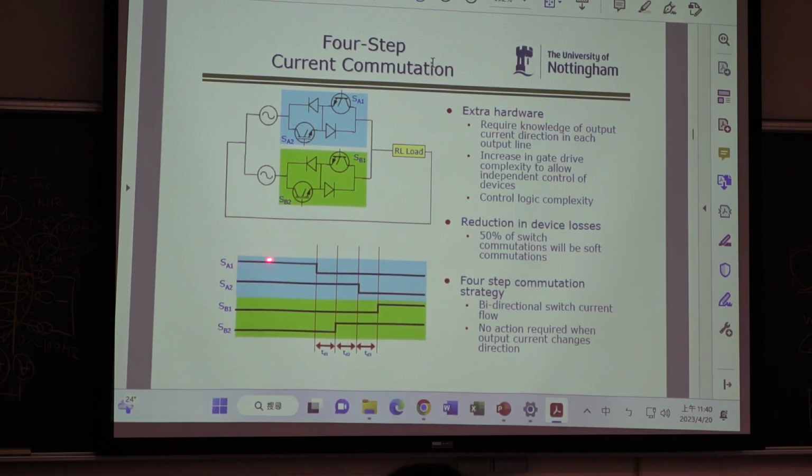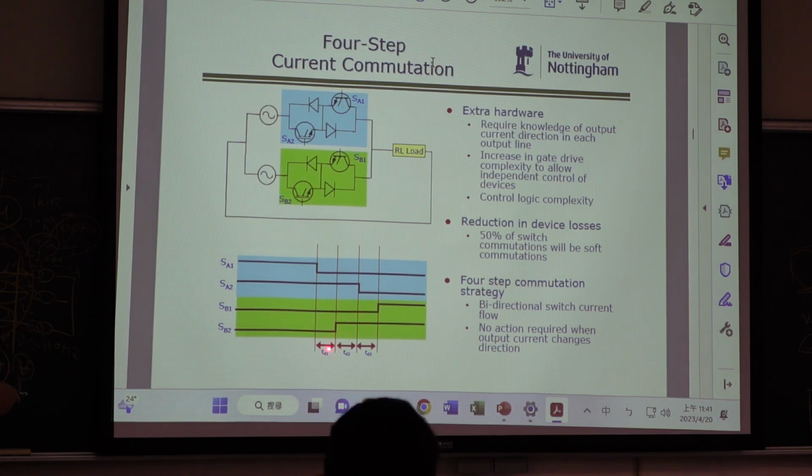So we have this sequence. SA1 turns off here. And then SA2 is still on. So you can see SA1 turns off, but SA2 is on. So we can go this way. And then SP1 and SP2 are turned off.